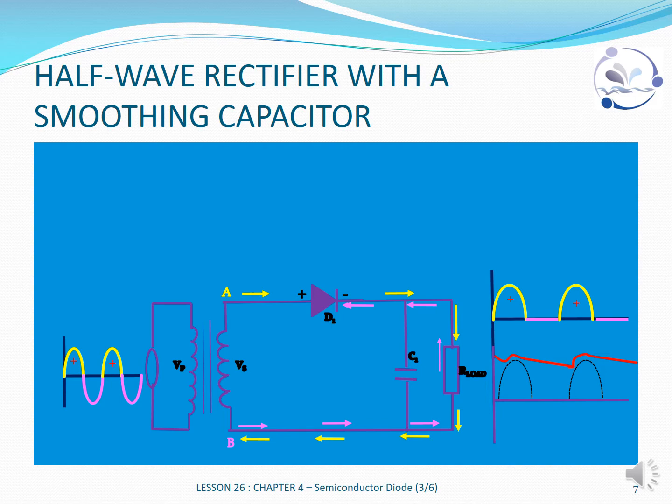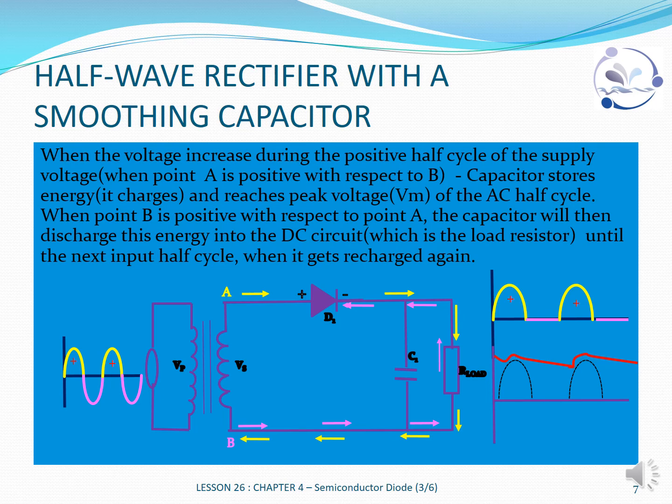When voltage increases during the positive half cycle of the supply voltage, meaning when point A is positive with respect to point B, the capacitor stores charge or energy, meaning that it charges and reaches the peak voltage, which is Vm, the maximum voltage of the AC half cycle.